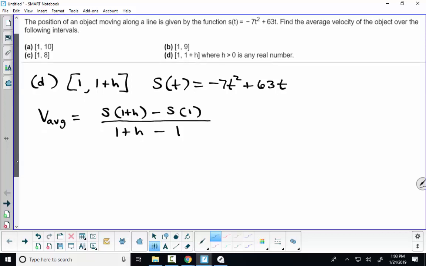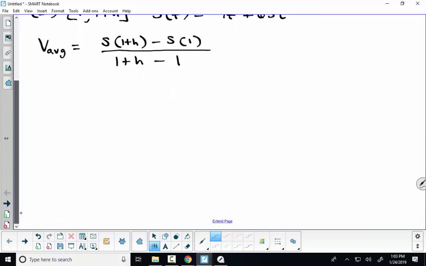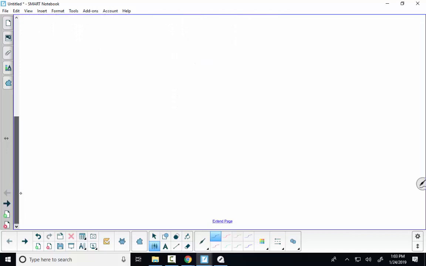Okay, so let's maybe drop down here and compute some of these things. So do you have your calculator handy? What's s evaluated at 1? Negative 7 plus 63, 56. And yeah, I guess that's all we need here.